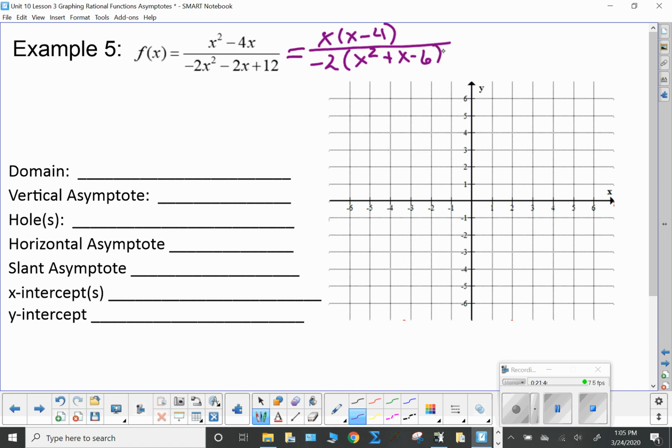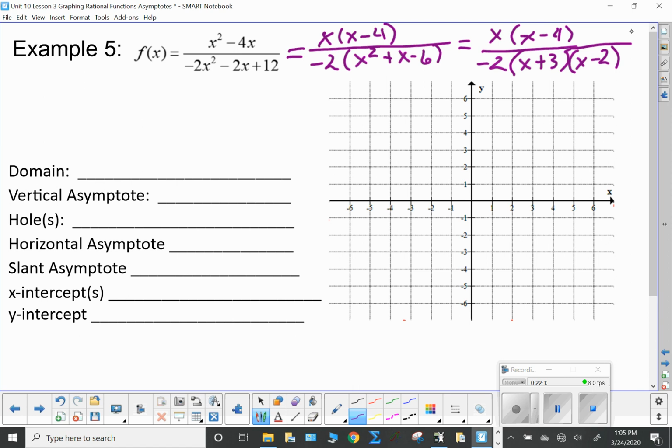Ooh, but I'm not done in the denominator, so I have to keep going. So the numerator is x times x minus 4, and the denominator is negative 2. And then we need factors of negative 6 that add up to positive 1. So that's going to be x plus 3 times x minus 2.